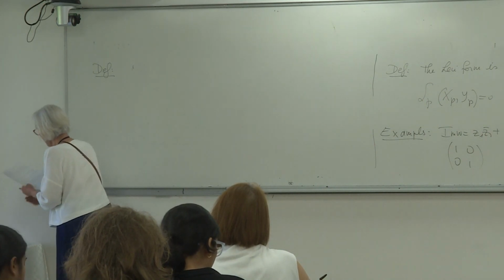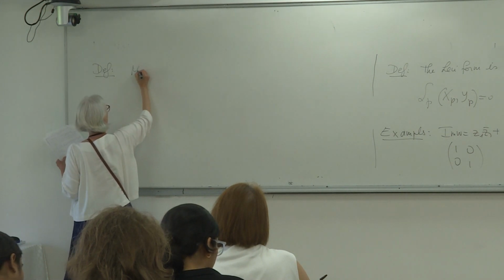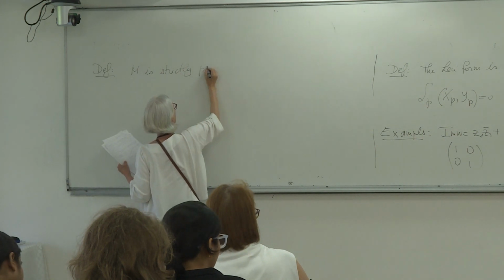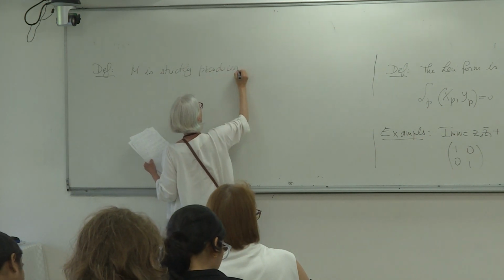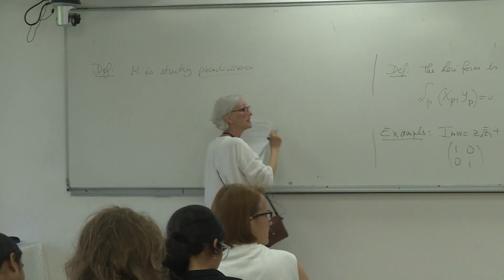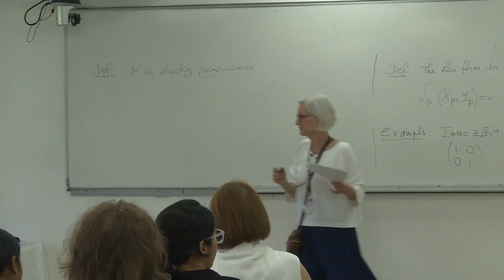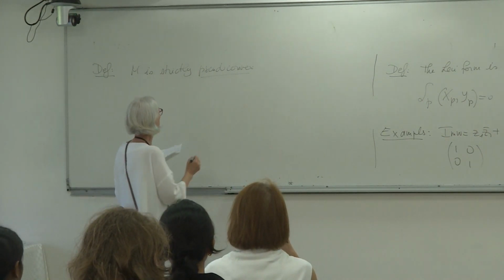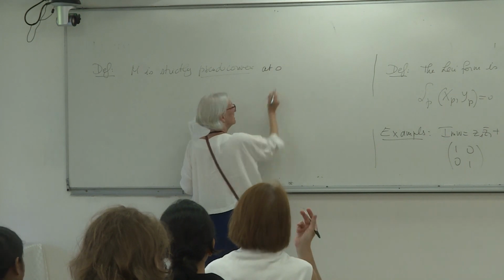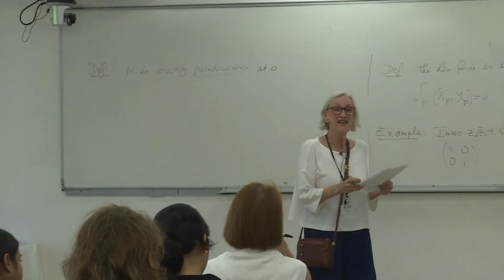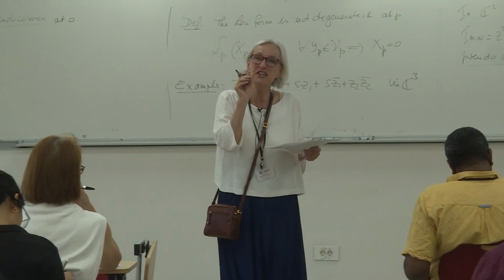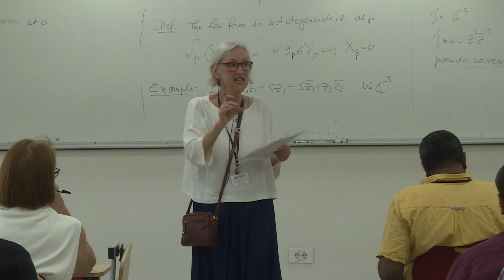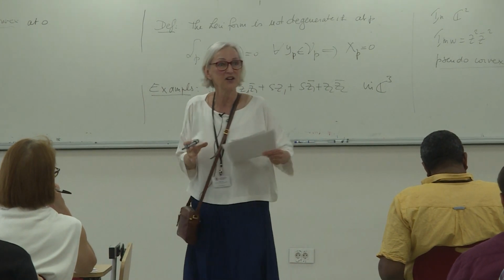So M is strictly pseudo-convex at 0 if... you only need to know what happens at 0, because if it's bigger than 0 at the origin, then it's an open condition. Okay?